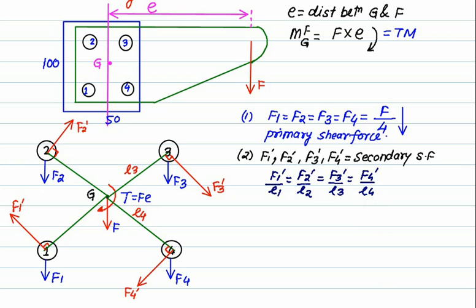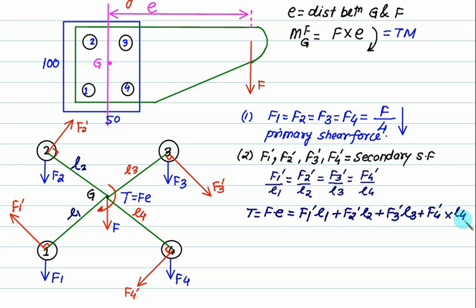So the total moment, the total torque, is F into E. This is equal to F1 dash multiplied by this length L1, plus this torque, F2 dash multiplied by the corresponding length L2, plus this torque, F3 dash multiplied by length L3, plus F4 dash multiplied by L4.